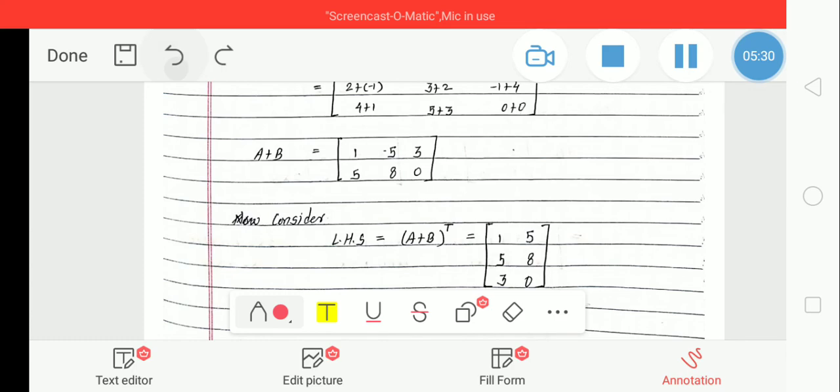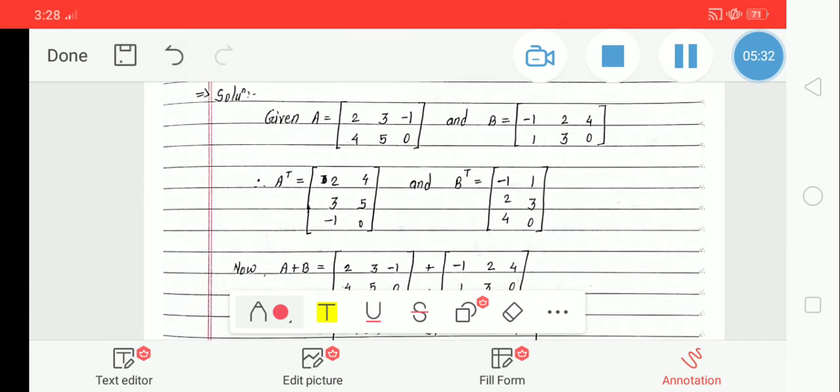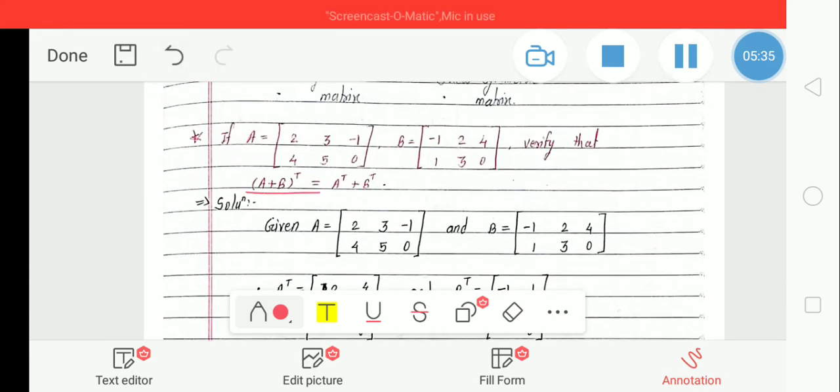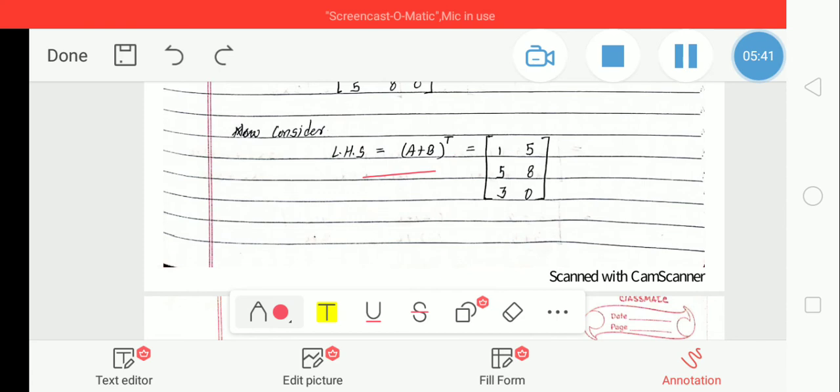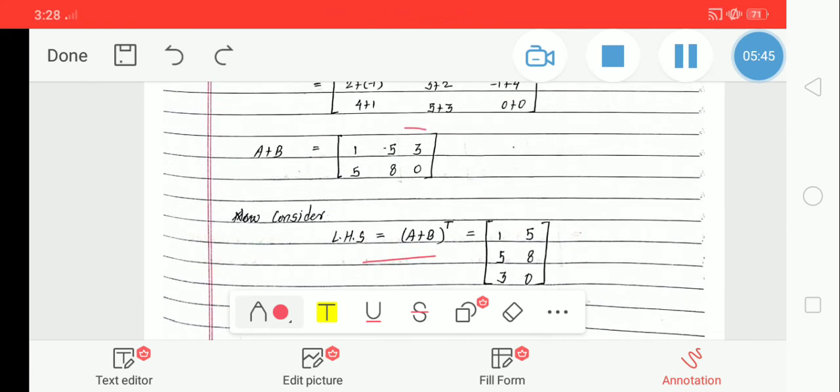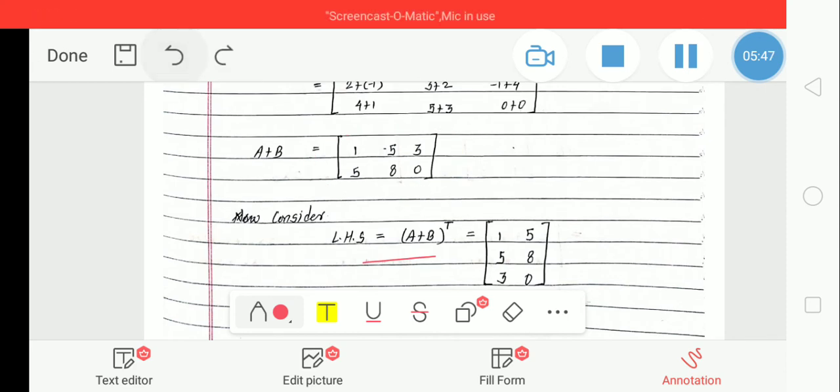Now consider the LHS, because we have to show that this is equal to this. So taking the LHS, (A plus B) whole transpose, we take this transpose. So the first row becomes the first column, the second row the second column. So we get the transpose.